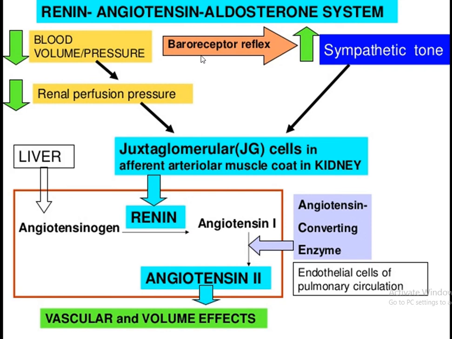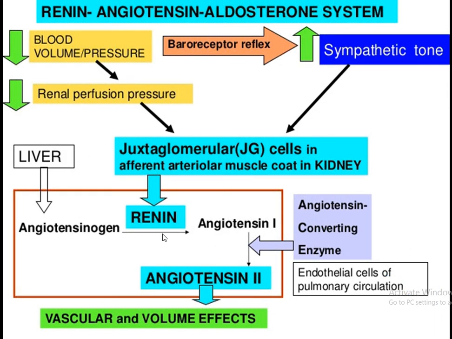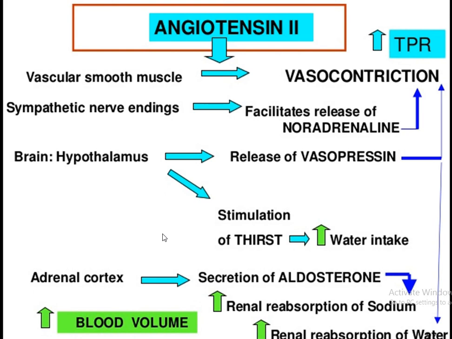And it also involves the thirst center, the involvement of the ADH, and the involvement of epinephrine and norepinephrine, adrenaline or noradrenaline, to cause the increase in the total peripheral resistance. So the end result, you must draw all these mechanisms, number one thing, because this is to show the whole of the mechanism which is going to be activated through the change in the blood pressure.